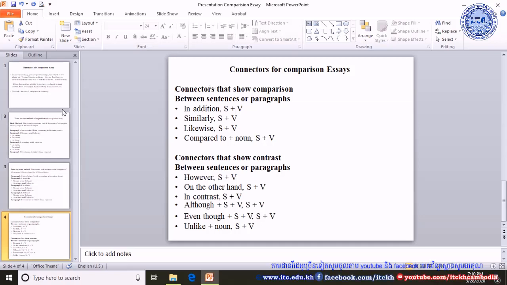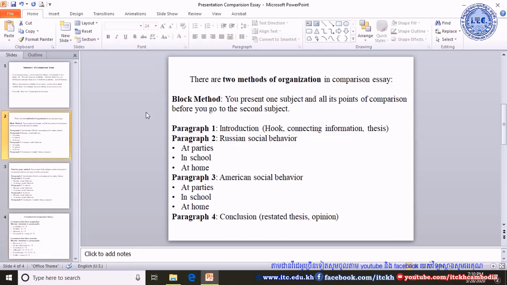There are two methods of organization in a comparison essay. The first one is the block method. In the block method, we have to present only one subject and all its points before we move on to another subject and its points.